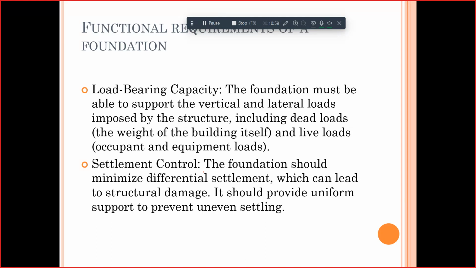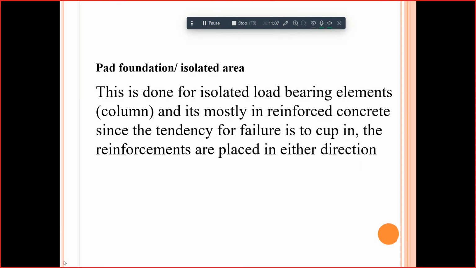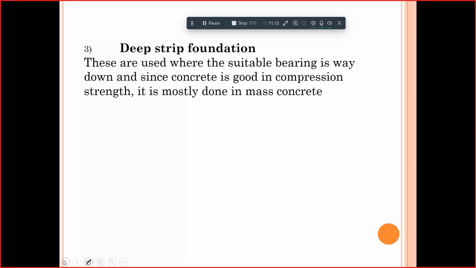That is bearing capacity, settlement control, stability, and compatibility with the soil. Okay, thank you. Amos, what have you learned today from the types of foundation? It seems Amos has a technical problem. Yes, sir. Okay, welcome. Tell us one thing that you learned today.